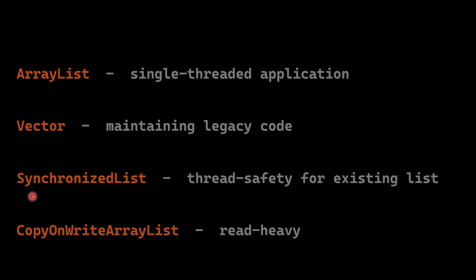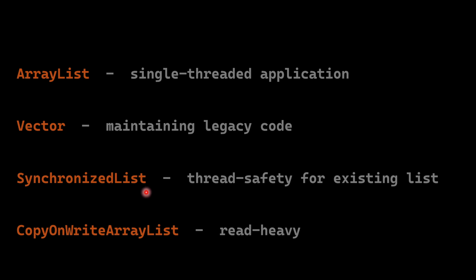So let's review key takeaways. Each list implementation serves a specific need. Choose ArrayList for single-threaded applications where maximum performance is critical. Select Vector only when maintaining legacy code that requires its specific behavior.